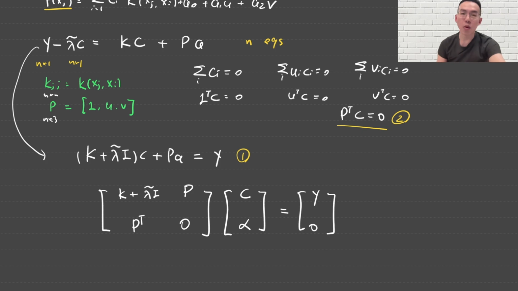Okay, so that's our final linear system to be solved for this problem. So this is a linear system of n plus 3 times n plus 3 equations. And then this is a linear system where we can solve our parameters C and alpha for the multidimensional spline function.